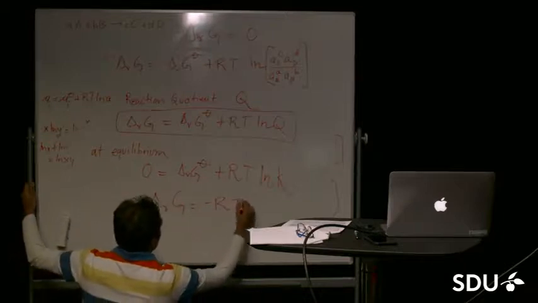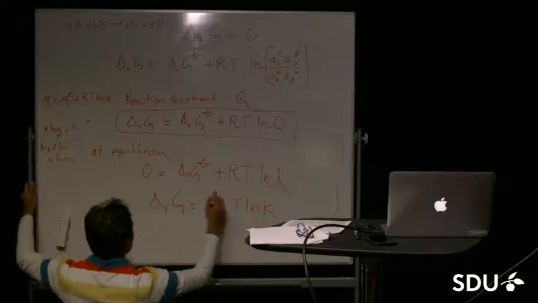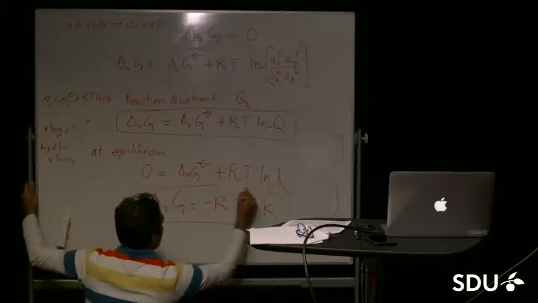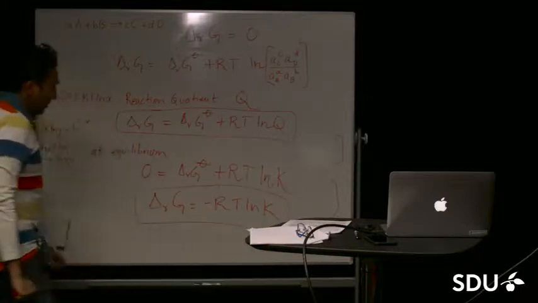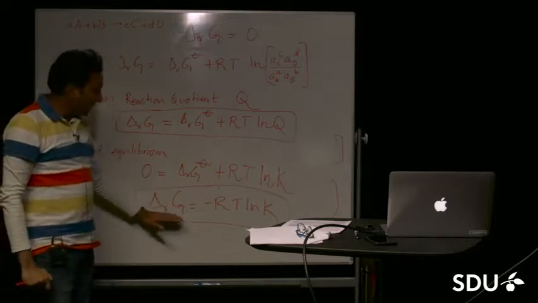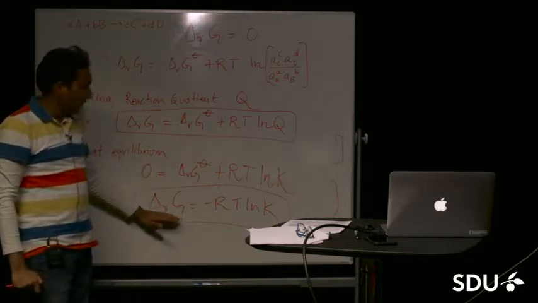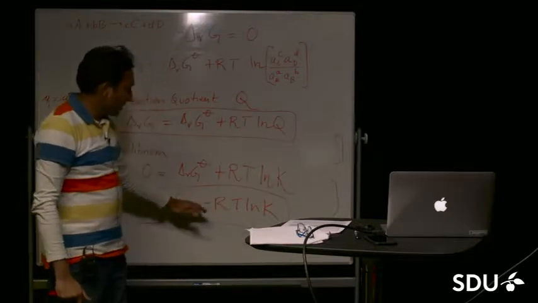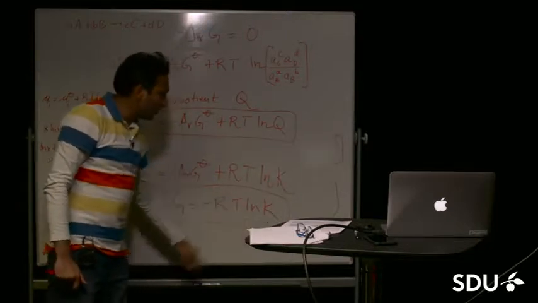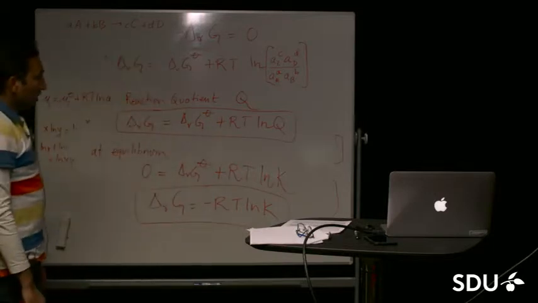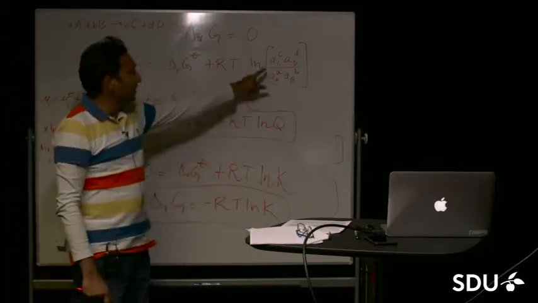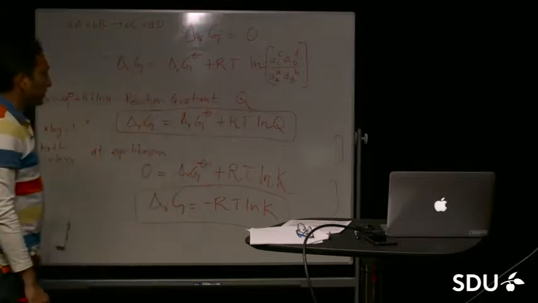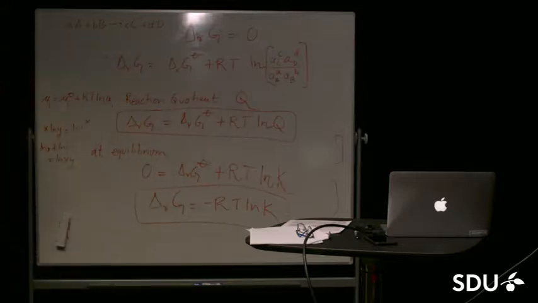And this is a very important equation, of course. So the standard reaction Gibbs free energy for any reaction occurring at constant temperature and pressure is equal to minus the gas constant times temperature multiplied by the logarithm of the equilibrium constant. And the equilibrium constant here has been defined in terms of activities and not in terms of concentrations. The activities can be a concentration, they can be a partial pressure, depending on which system you are looking at.